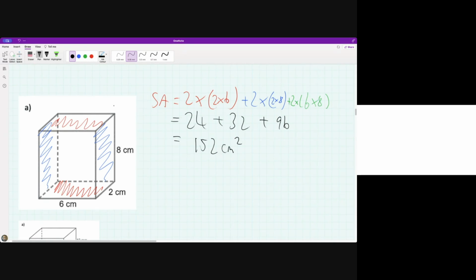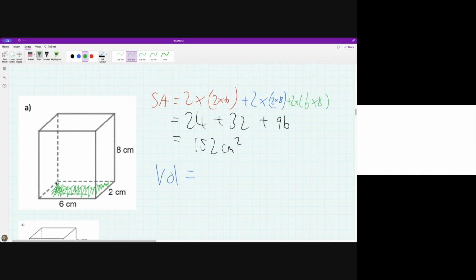Now, I'm going to upgrade this question. Instead of the surface area, I want to find the volume. Now, when we find the volume, we're basically saying, what is the area of one rectangle and how deep does it go? So can you find me the volume of this rectangular prism? And I'll give you a hint.